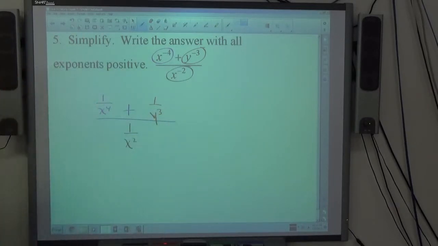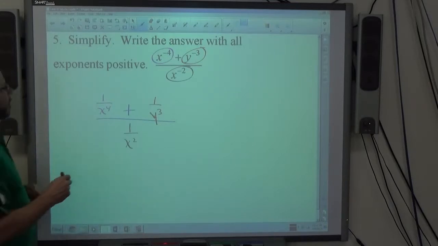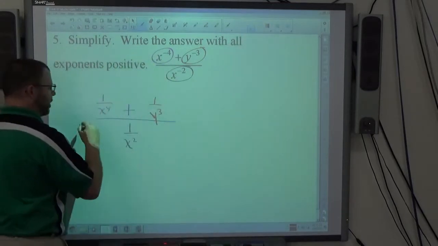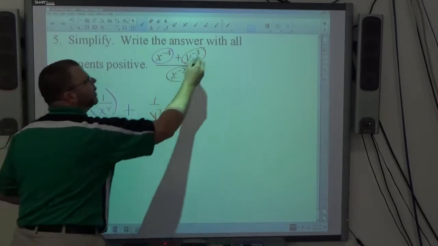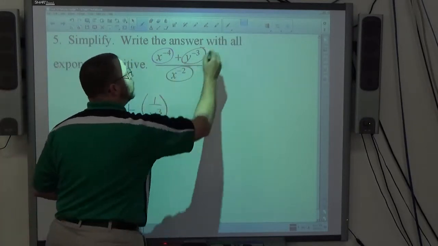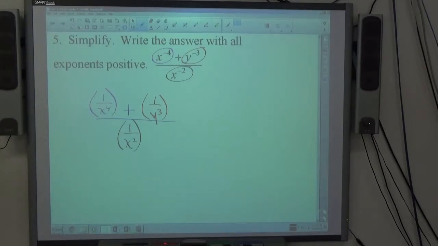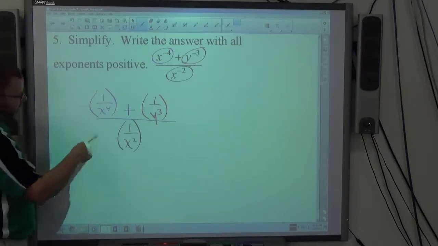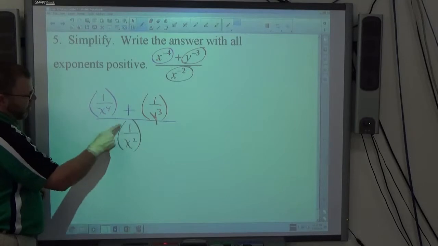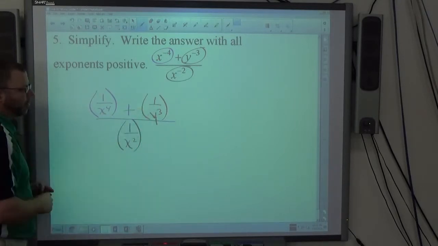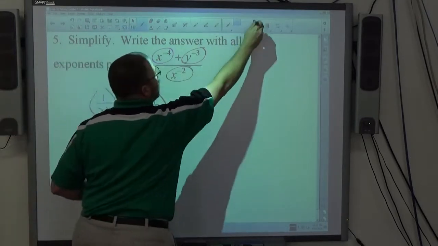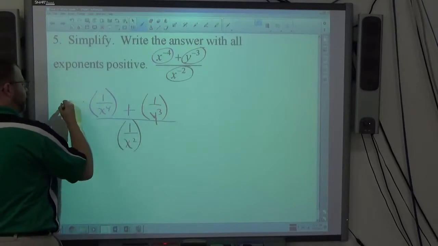Once you get it to the real-life way it looks, then we simply fix each one the same way. So term 1, term 2, term 3. I need to find the least common denominator for these 3 terms, which I can see is: we have x's, the highest power of x is 4, and we have a y, the highest power is 3. So x to the 4th y cubed is what we multiply by.